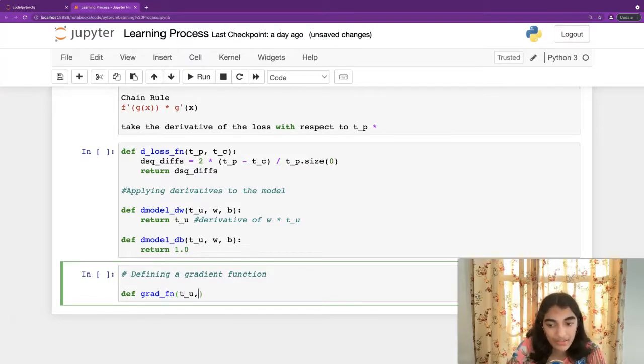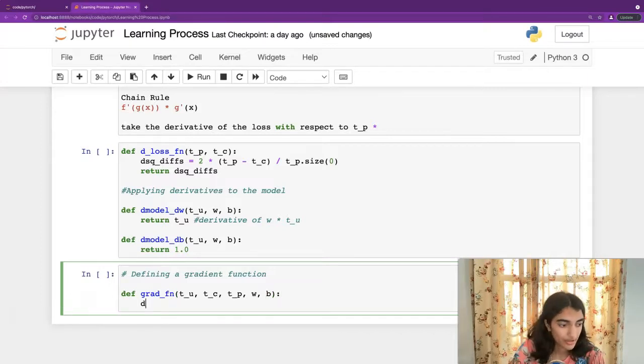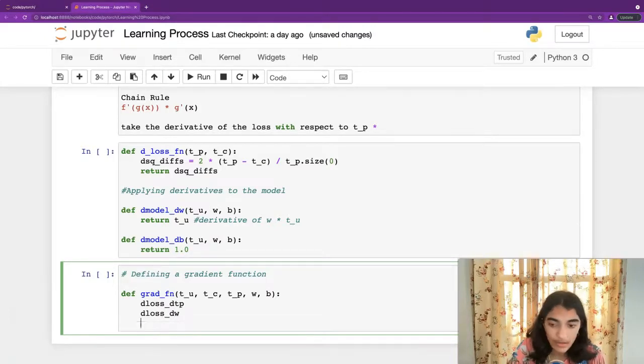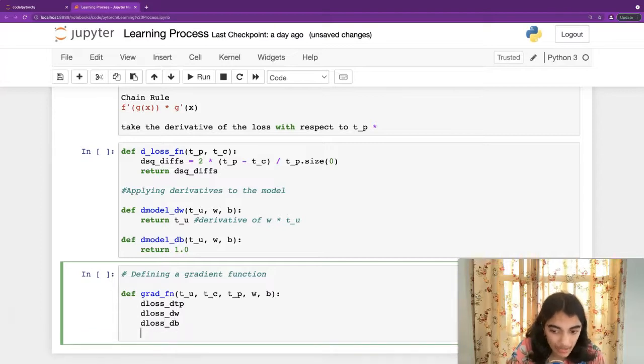Now we have to take in everything: tu, tc, tp, w, b, and dloss_dtp, dloss_dw, dloss_db, and we're going to return something.